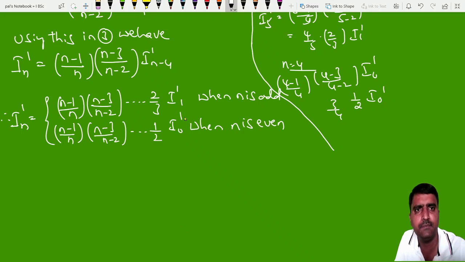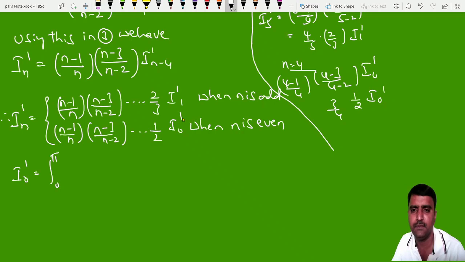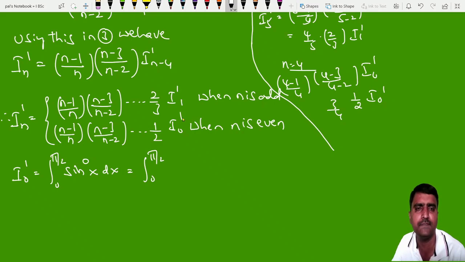I naught dash means, what is I n dash? Integration of sine to the power of n. So similarly, to find I naught dash, we have to put n equal to 0. So I naught dash is equal to integration from 0 to pi by 2 sine to the power 0 x dx, which is equal to integration from 0 to pi by 2 of 1 into dx.